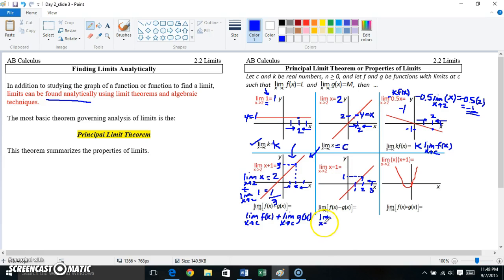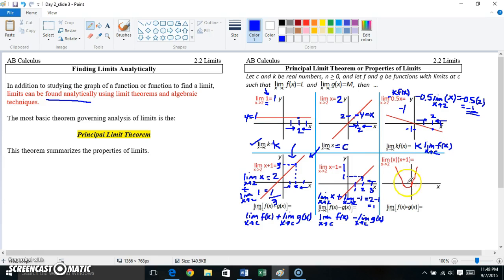Again, the limit of a difference is the difference of the limits. So here we'd have the limit of x plus the limit of negative 1. And that's going to be 2 minus 1, or 1.